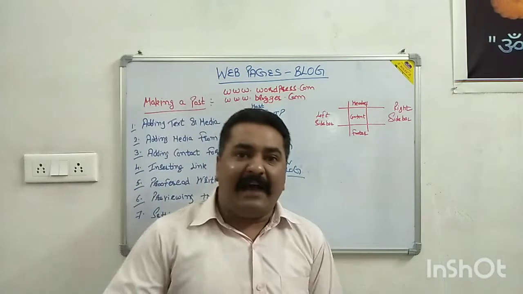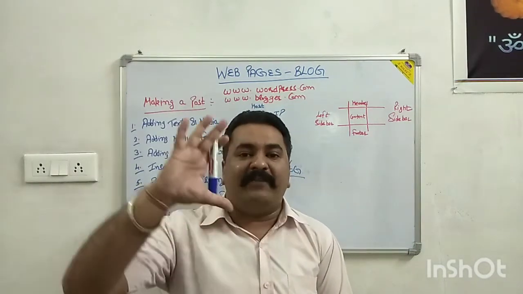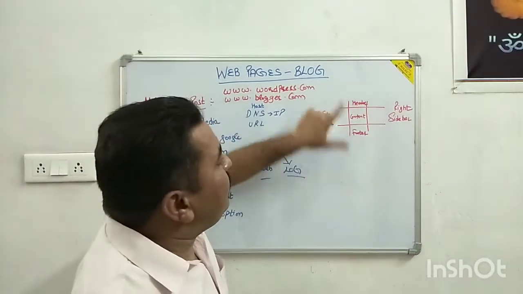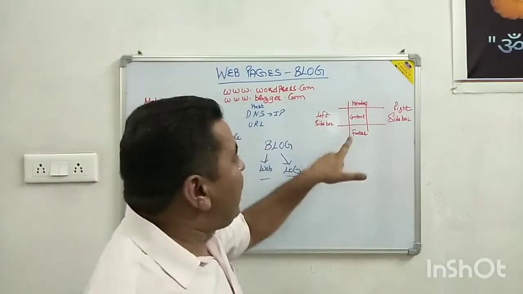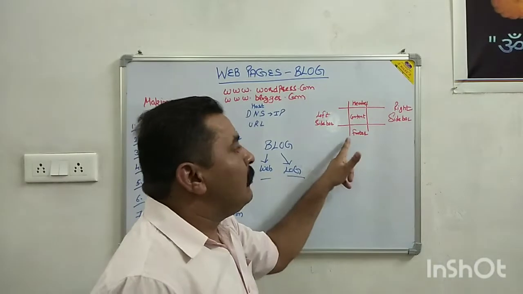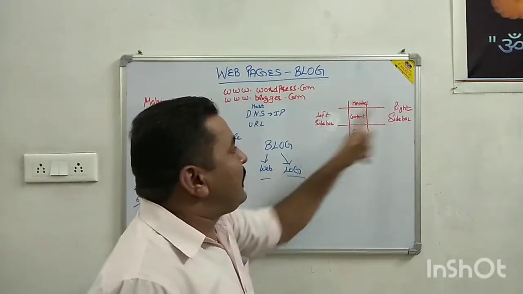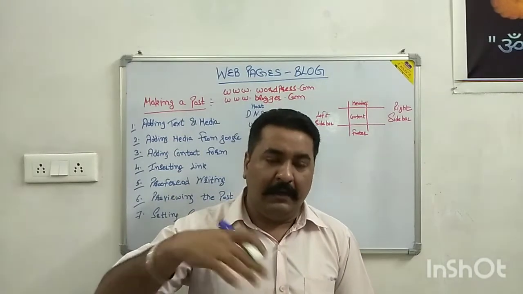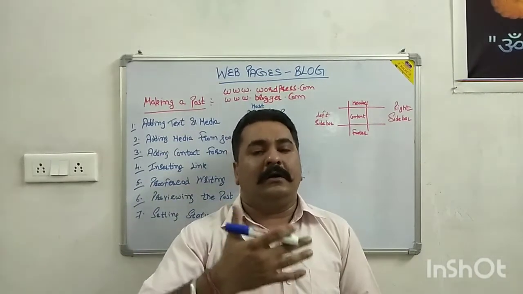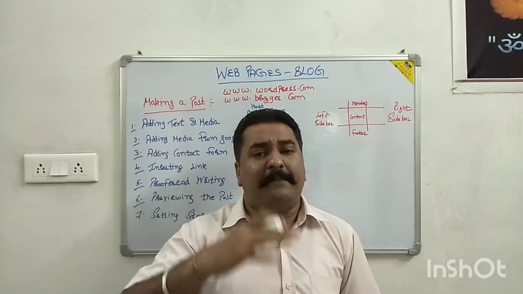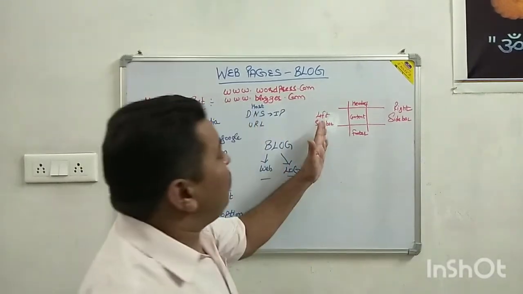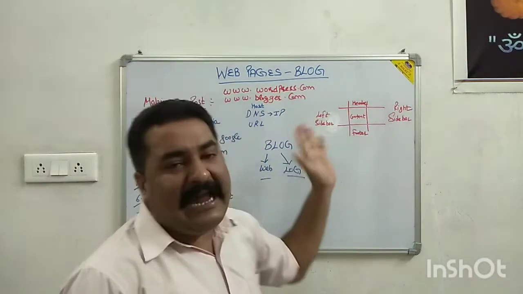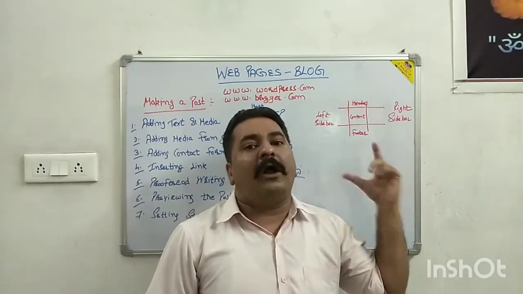Like a page in our copies or register, there is one page, and that page has a header, footer, left sidebar, and right sidebar, as we have in Microsoft Office Word, PowerPoint or Excel, and in between there is the content.